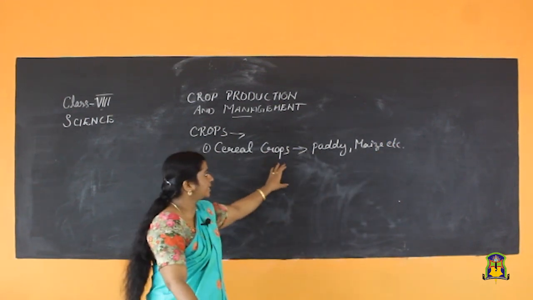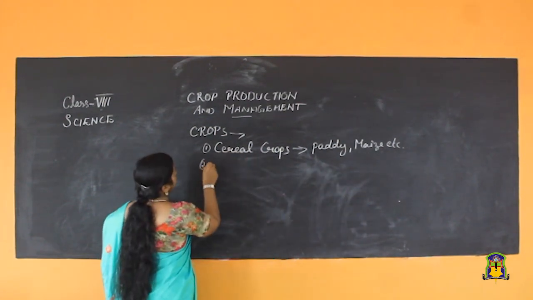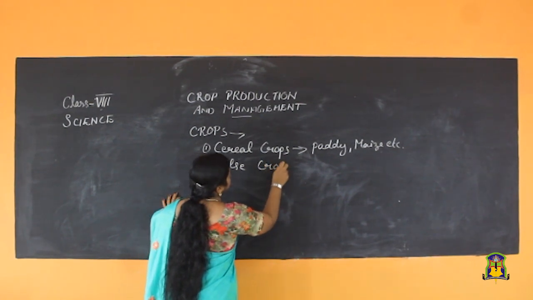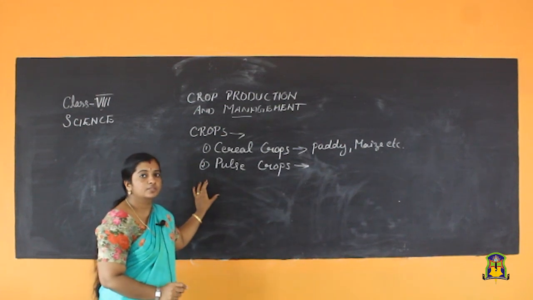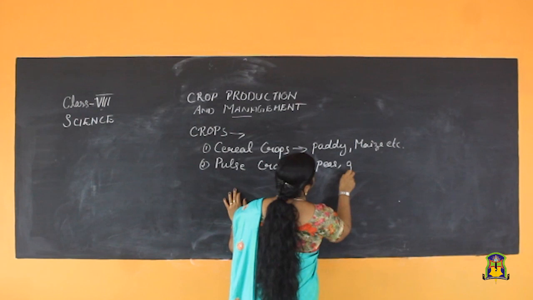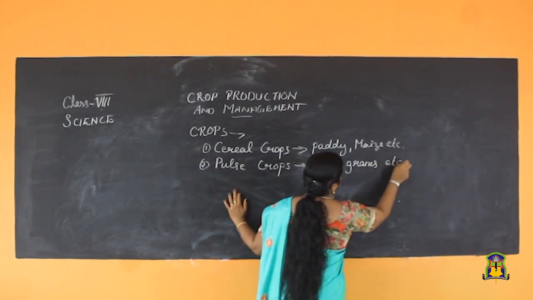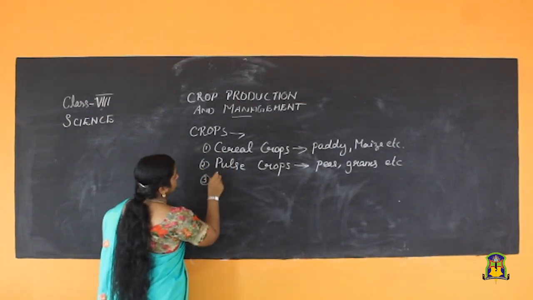Examples for cereal crops are paddy, maize, etc. Then comes pulse crops. Can you give some examples for pulse crops? Yes, peas, grams, etc.